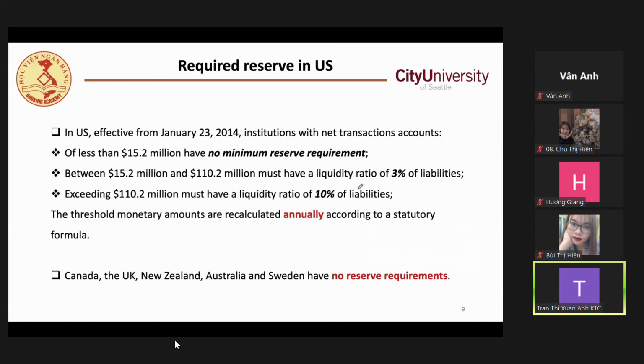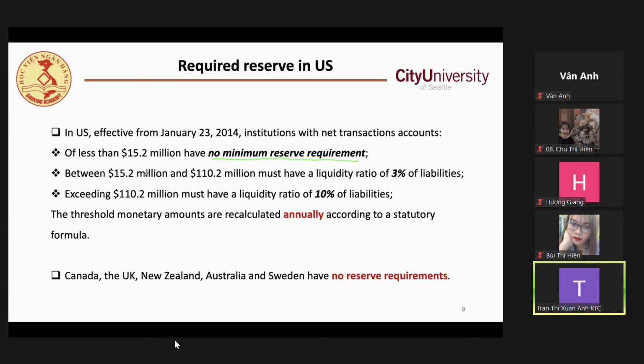In detail, some countries have slightly different regulations on reserves. Let's say in the US, this is the regulation from 2014. If a commercial bank has a net transaction account of less than 50.2 million US dollars, they have no minimum reserve requirement.